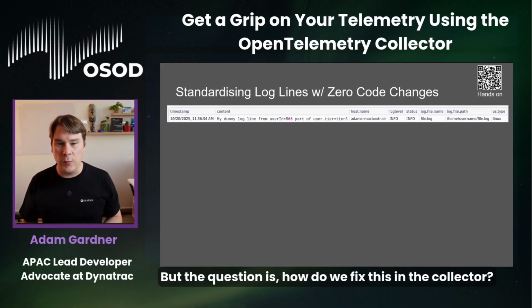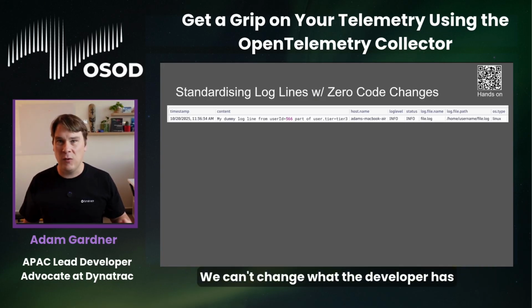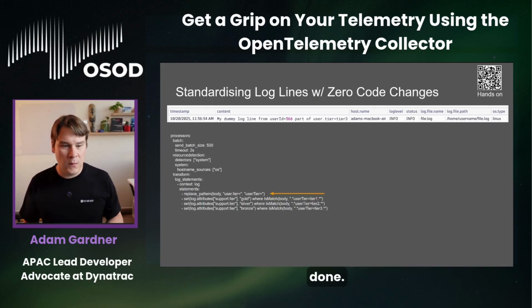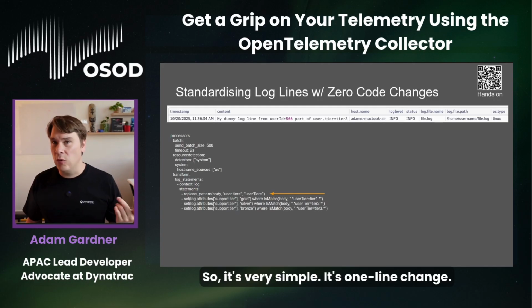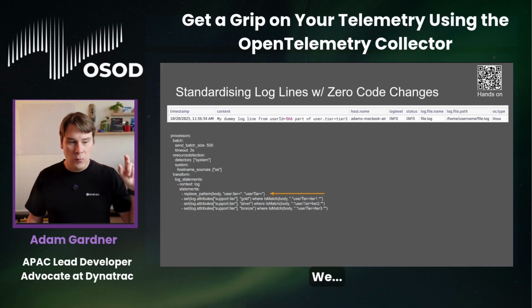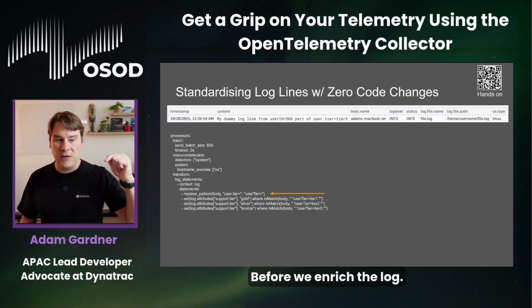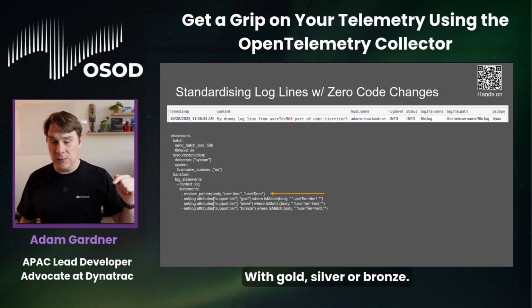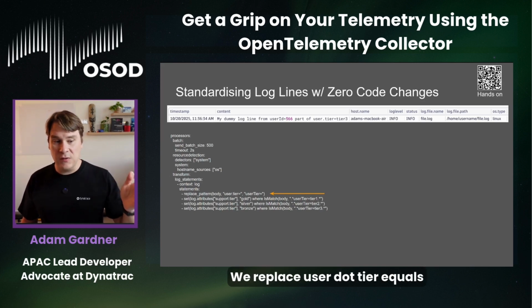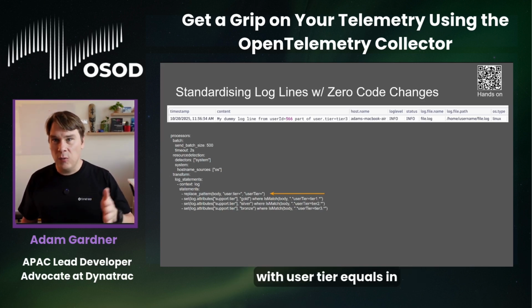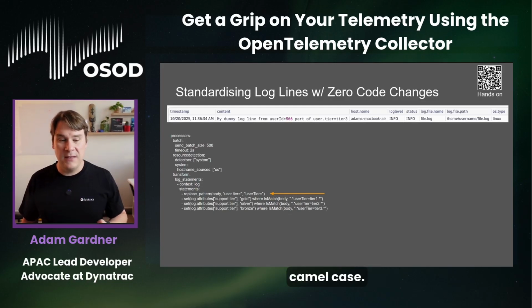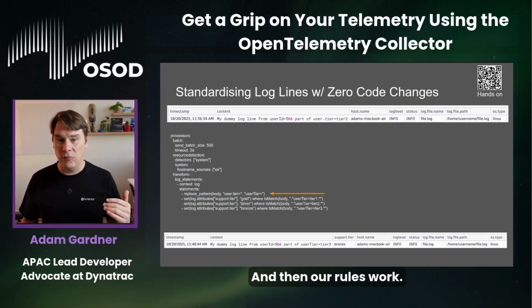It's not matching the rule, but the question is, how do we fix this in the collector? We can't change what the developer has done. So it's very simple. It's a one-line change. Before we enrich the log with gold, silver, or bronze, we replace user.tier equals with user tier equals in camel case, and then our rules work.